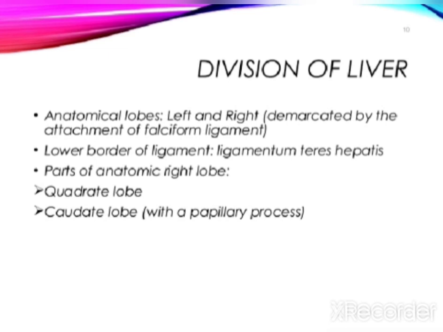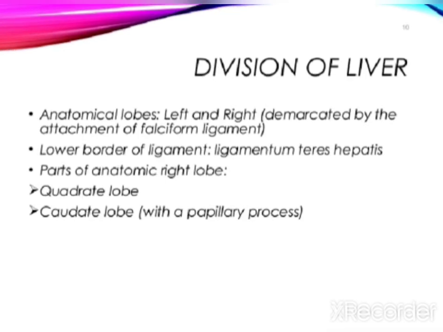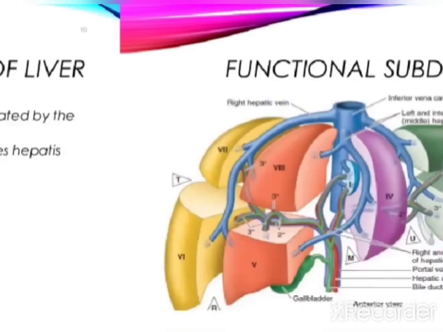The right lobe of the liver is much larger than the left lobe and forms 5/6 of the liver. That means the maximum portion is formed by the right lobe and 1/6 is formed by the left lobe. It contributes to all the surfaces of the liver and presents the caudate and the quadrate lobes. So this is the division of the liver.